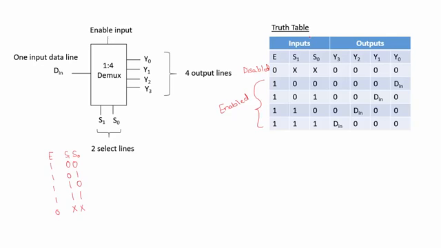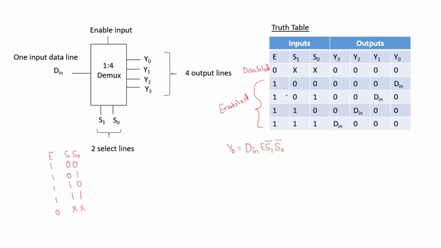To draw the logic diagram of the 1 to 4 demultiplexer, we have to derive the output expressions for Y0, Y1, Y2 and Y3. We can do that from the truth table. Y0 will be DIN depending on the input combination of E, S1 and S0. For Y0 to be DIN, E, S1, S0 must be 1 0 0, which means E, S1 bar, S0 bar.